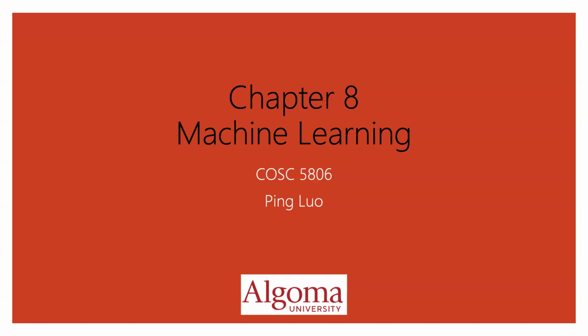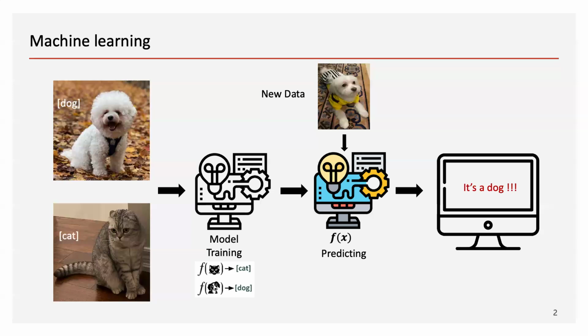First, before I show the script on how to use the scikit-learn package, I would like to briefly explain machine learning. This graph shows basically what machine learning is. Let's say I have some images of dogs and some images of cats. I give all the images to the model. The model learns the patterns within these images.